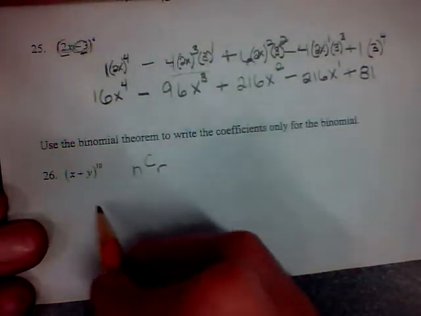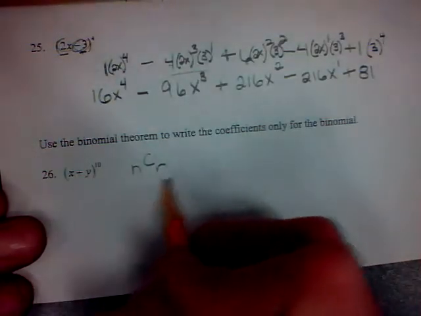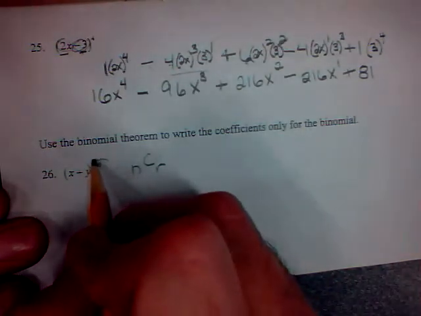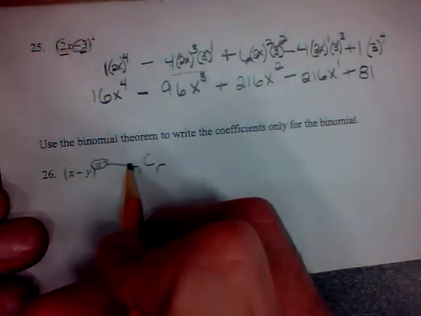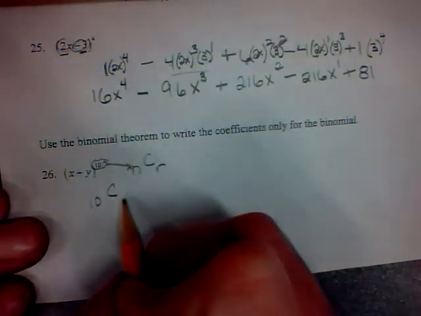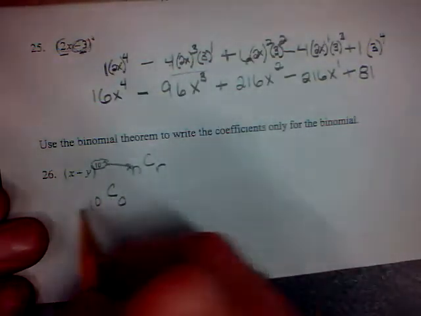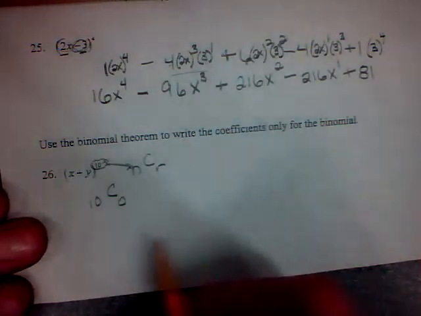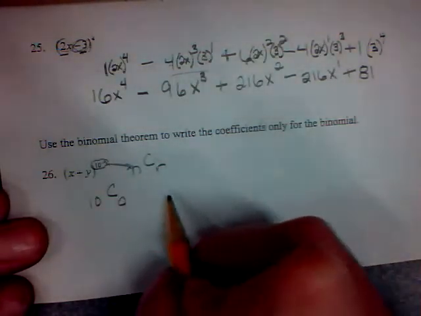So let's write out our terms here. Our very first number, our n, is represented by our power. So this is going to be 10 combinations. Now you always start with 0. That'll give you your first term, which we should know is a 1, but we'll double check that.